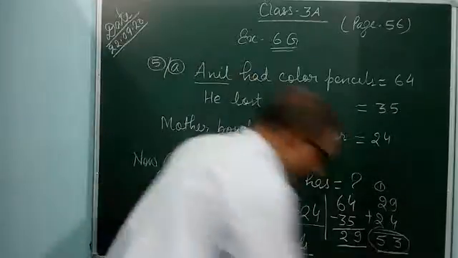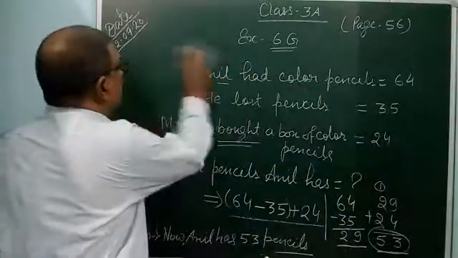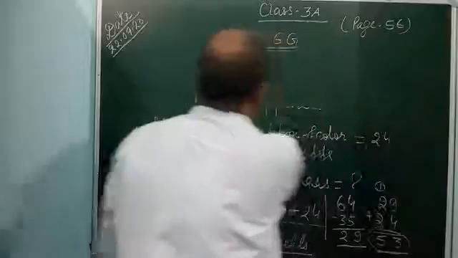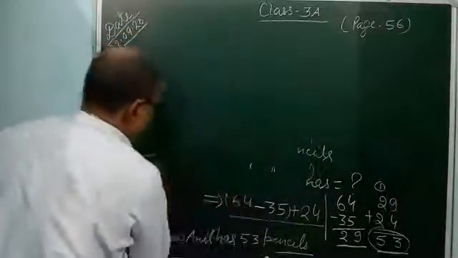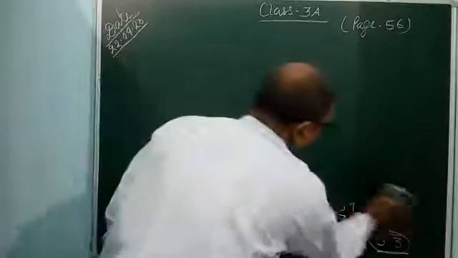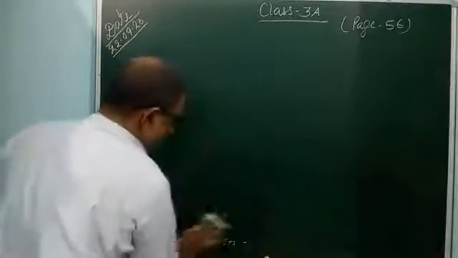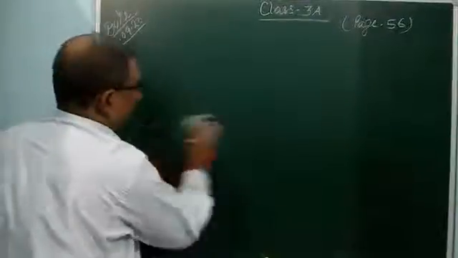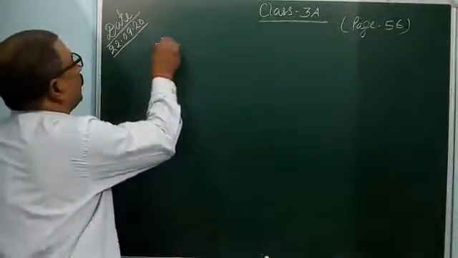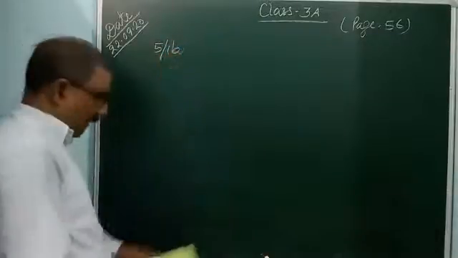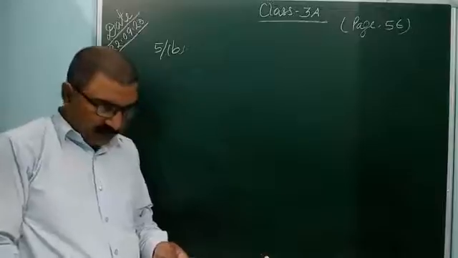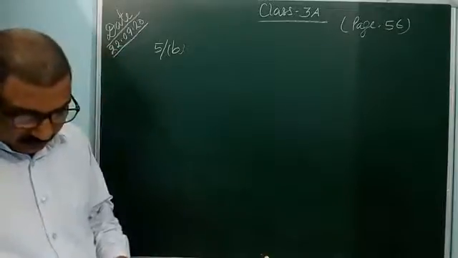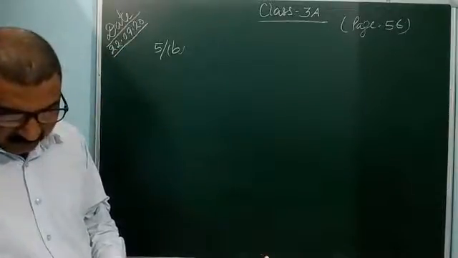Next, question number 5B. You can see 5B. A shop sold 350 veggie burgers and 215 non-veg burgers on Sunday.